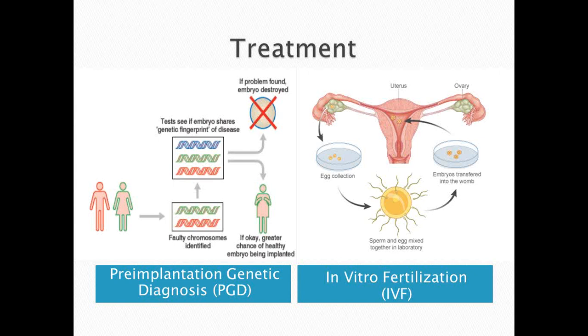Once the egg has been fertilized, a fertility specialist can screen the embryos for translocation before inserting them back into the uterus. So doctors aim to reduce the amount of loss and increase the possibility of a viable pregnancy by only allowing the balanced gametes, or gametes without translocation, to be inserted back into the uterus.